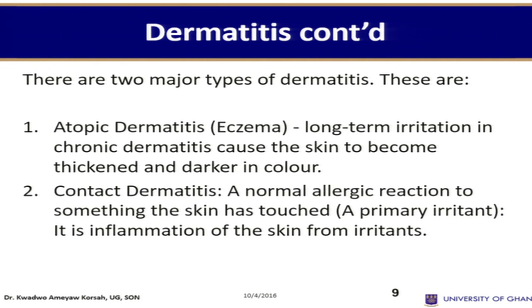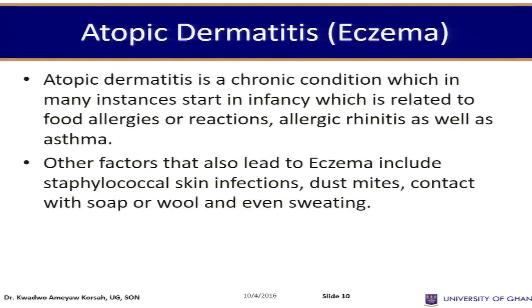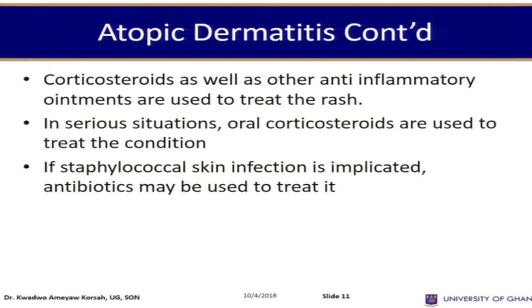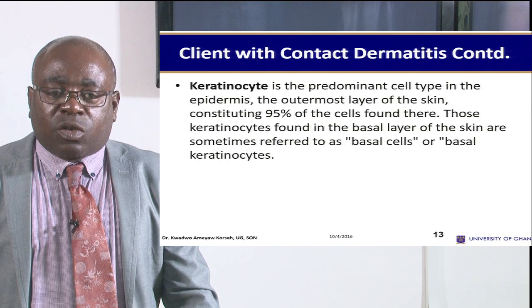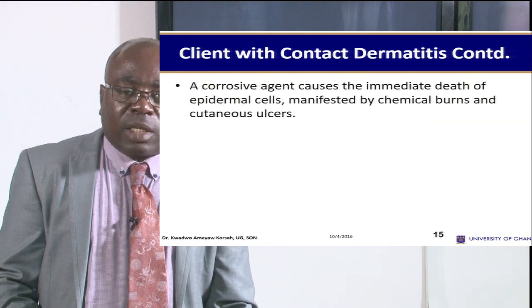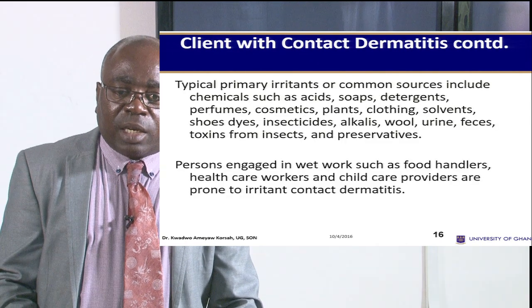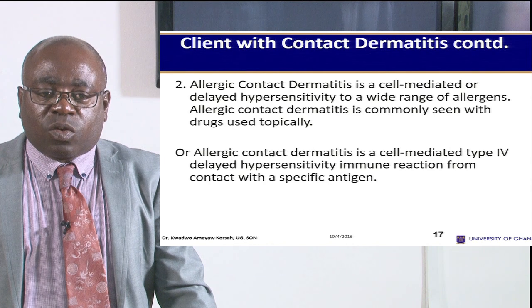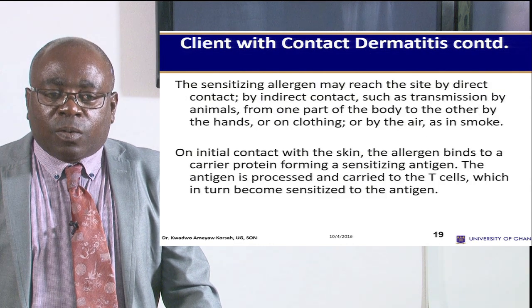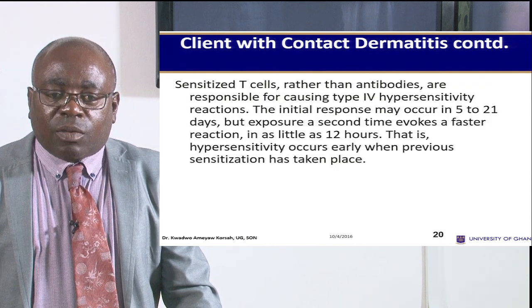The atopic one is irritation in chronic dermatitis caused by other factors, and in the treatment we need to look at certain factors. Probably specific factors can be identified and then prevented.